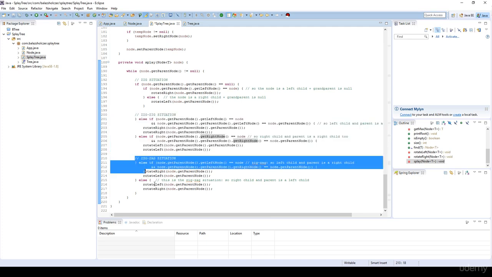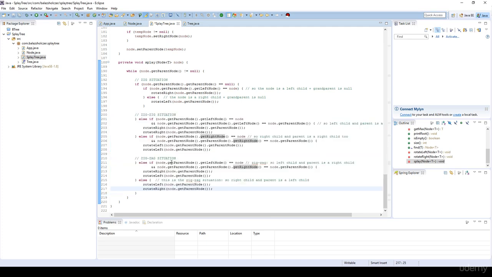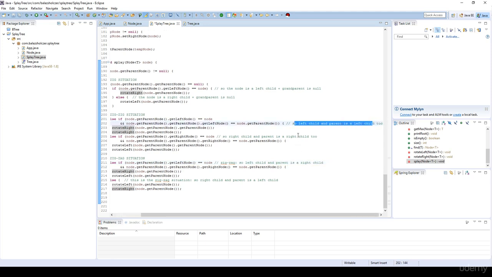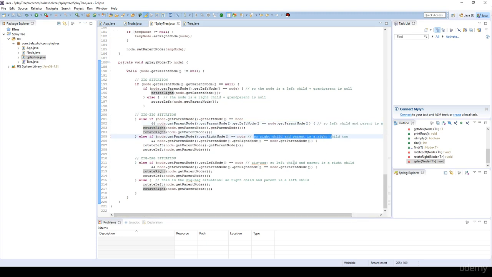And we have the zig-zag situation when the node.getParent.getLeft node is not equal to the node. So the node is a left child, but the parent is a right child. In the previous case, both of them were a left child or both of them were a right child. Here, one of them is a left child and the other one is a right child, or vice versa. One of them is a right child and the parent is a left child. So then we have to make a right and a left rotation accordingly, because they are symmetric partners as well.